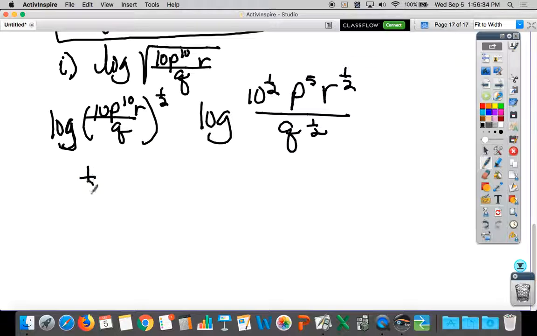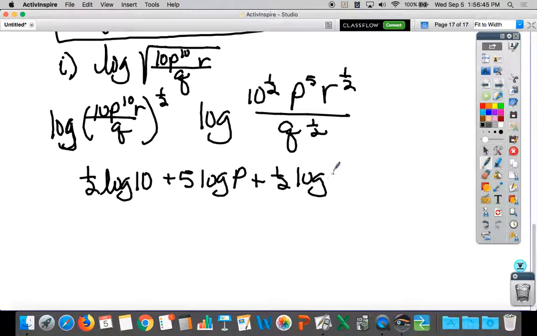So this is going to be 1/2 log 10, which I'll take care of in a minute, plus 5 log P, plus 1/2 log R, minus 1/2 log Q. And the log 10 is a 1, and 1/2 times 1 just means it'll be 1/2 plus all those things. Okay, so any questions with the expansion?